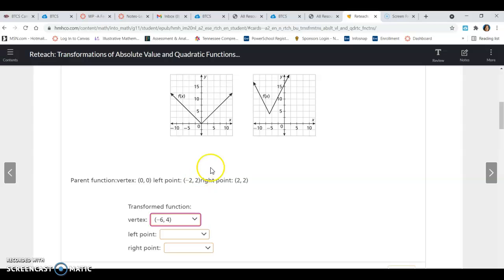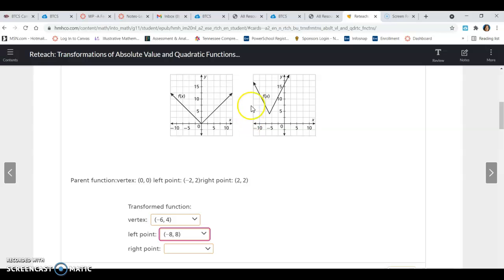And then the left point, it went from negative 2, 2, it went over, and I'm thinking it's going to be negative 8 and 8 would be my best guess here.